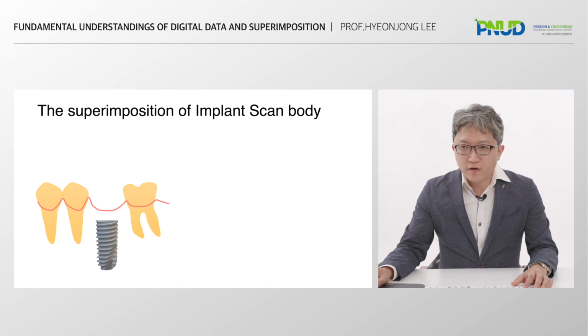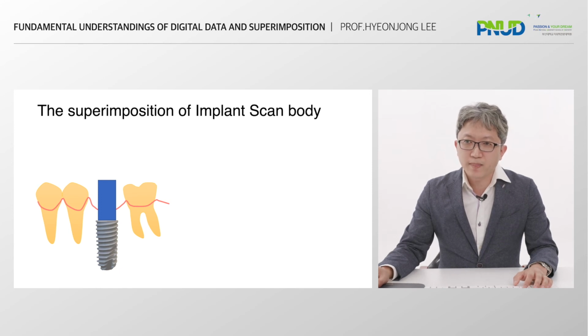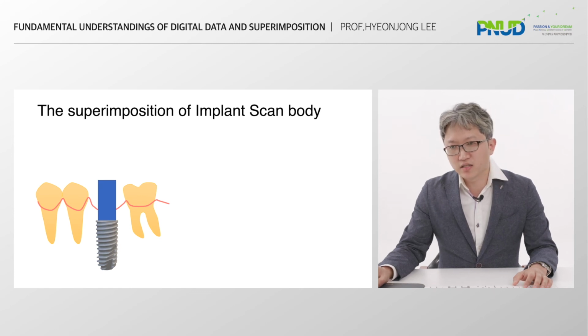The final example is superimposition of the implant scan body. When we perform implant installation, the implant is inside the bone and we cannot see it. But when we connect some kind of scan body, then we can see this part intraorally. We cannot see this part because it's inside the bone, but this part we can see.